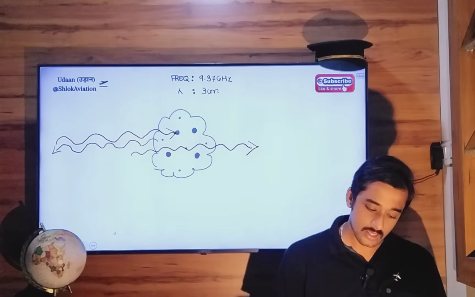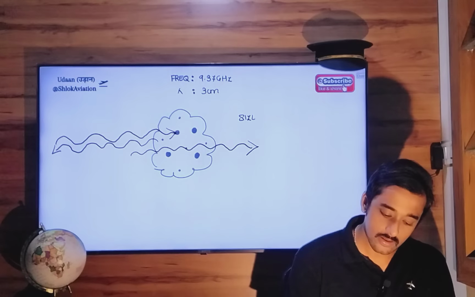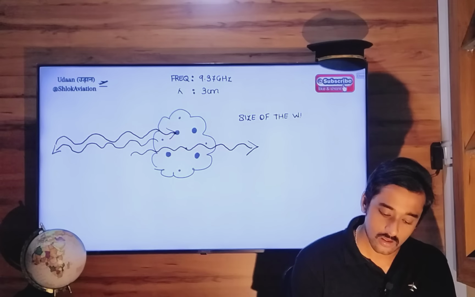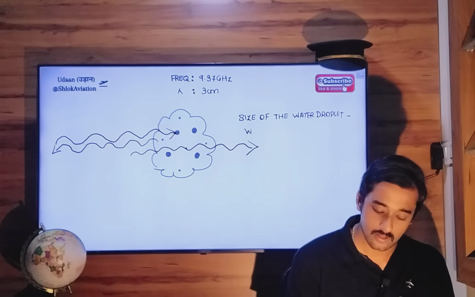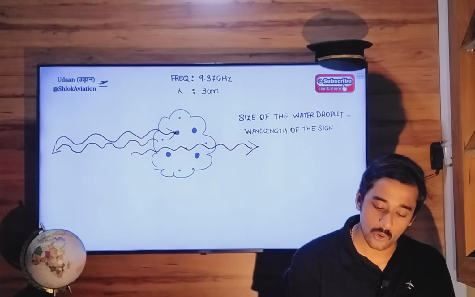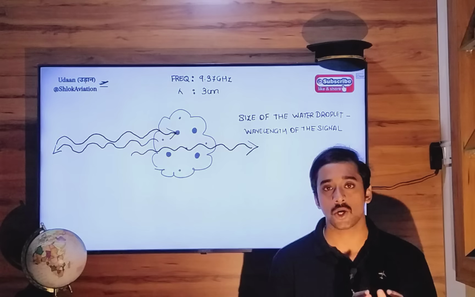Always remember that the size of the water droplet and the wavelength of the signal, these two things are going to determine whether the radar signal is going to get echoed or reflected or not.